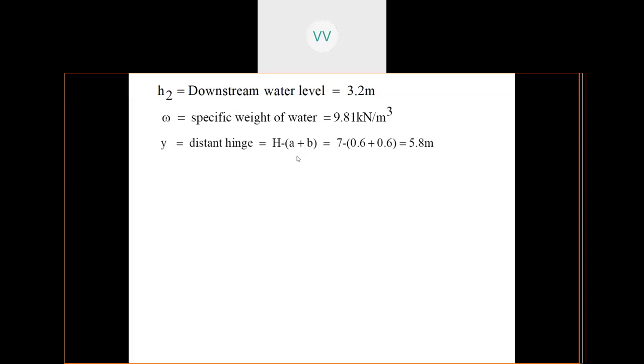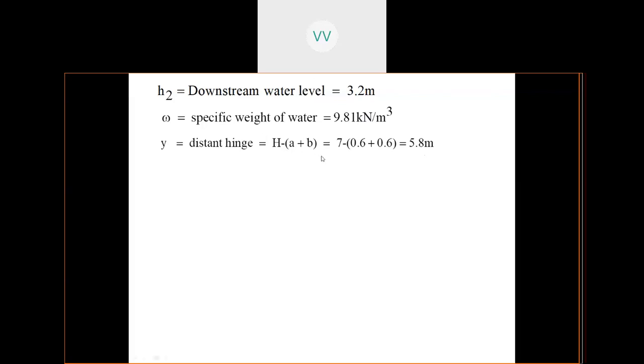So capital H is 7 meters, minus both the hinges at 60 centimeters each, accounting to 1.2 meters.